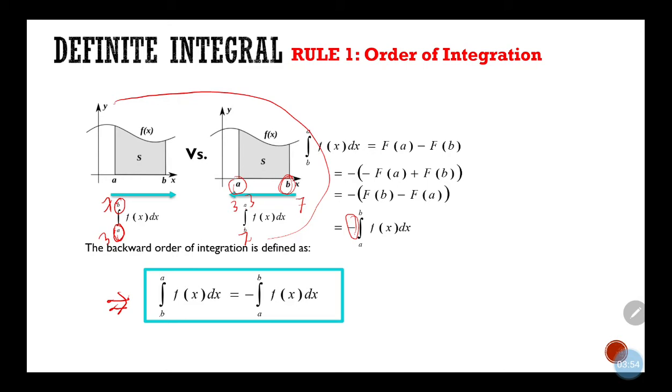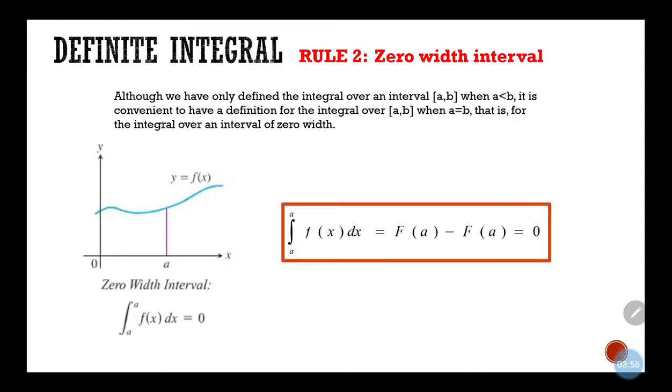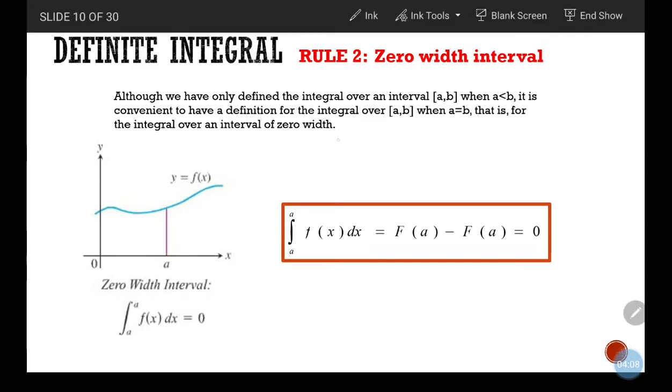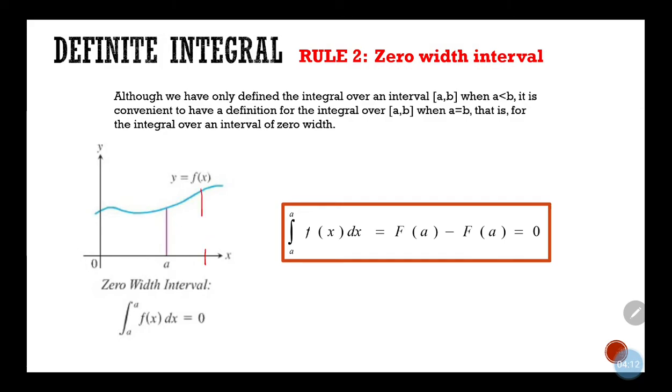Alright, okay, and then the second rule, zero width interval. As I said just now, integration means the area under the curve, and previously we said from A to B, and we get the area. But if the integration asks you to integrate from A to A itself, there is nothing from A to A, where can there be any area, right? Understand?